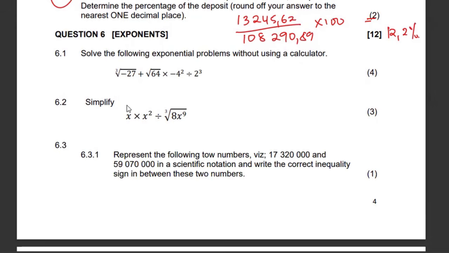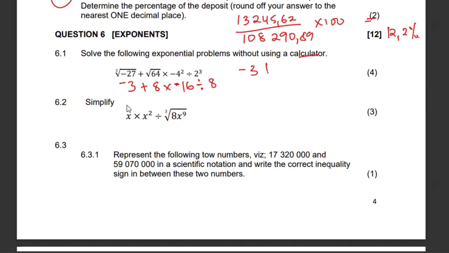All right, then question number 6, which is the exponents. Solve the following exponential problems without a calculator. The cube root of negative 27 is negative 3. Square root of 64 is 8, times 4 squared, which is 16 with that negative. We are dividing by 2 cubed, which is 8. Let's apply our BODMAS, division first.